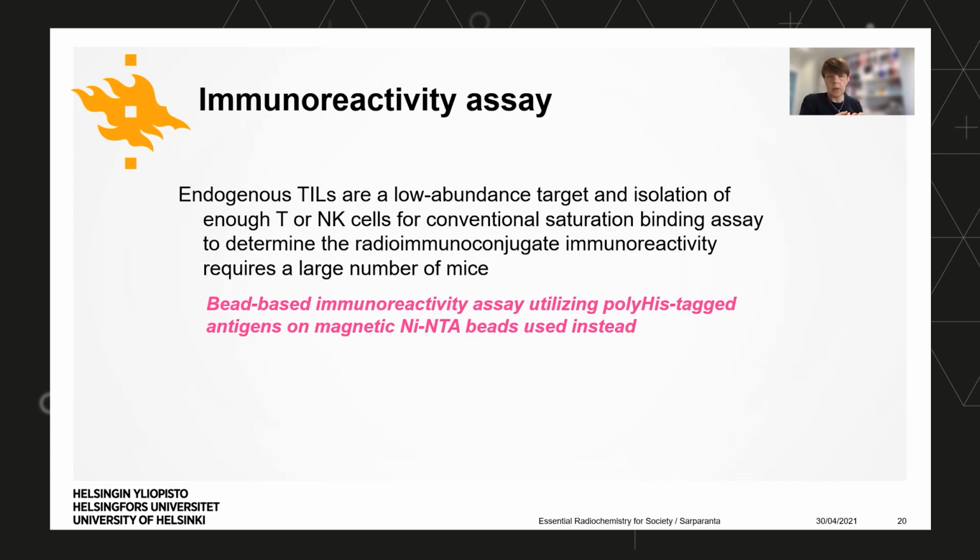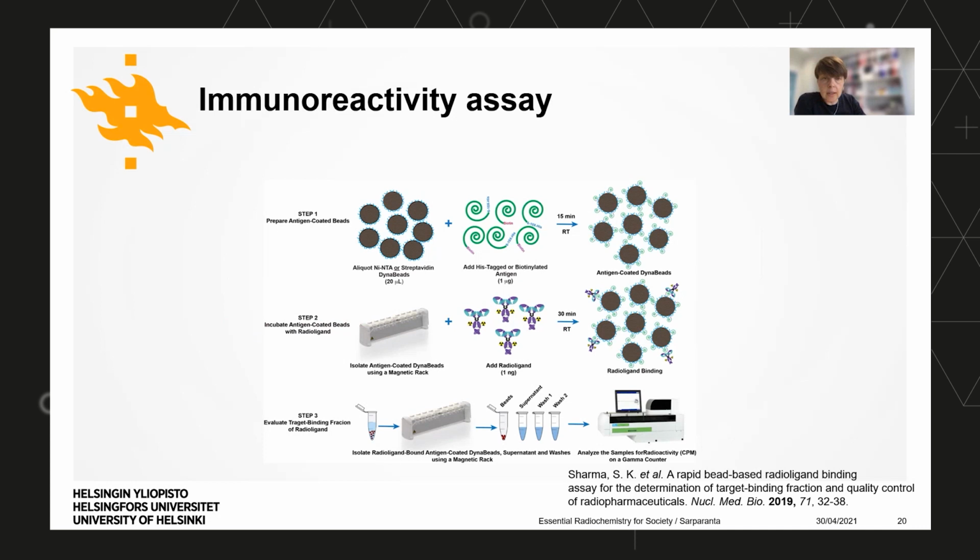So the way to work around this, and I want to present this just because it's, to me, a very convenient opening in the analysis of radiolabeled antibodies, is the bead-based immunoreactivity assay, utilizing polyhistidine-tagged antigens on magnetic nickel NTA beads. If you can click.